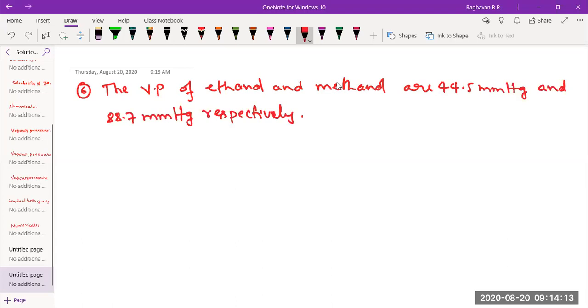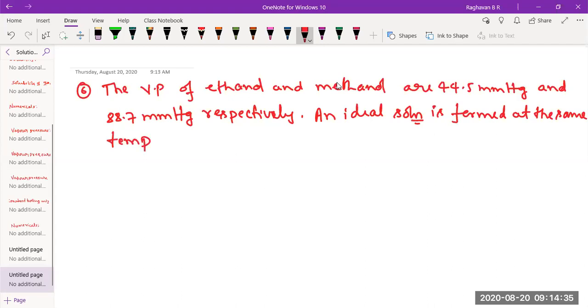An ideal solution is formed at the same temperature by mixing 60 grams of ethanol and 40 grams of methanol.